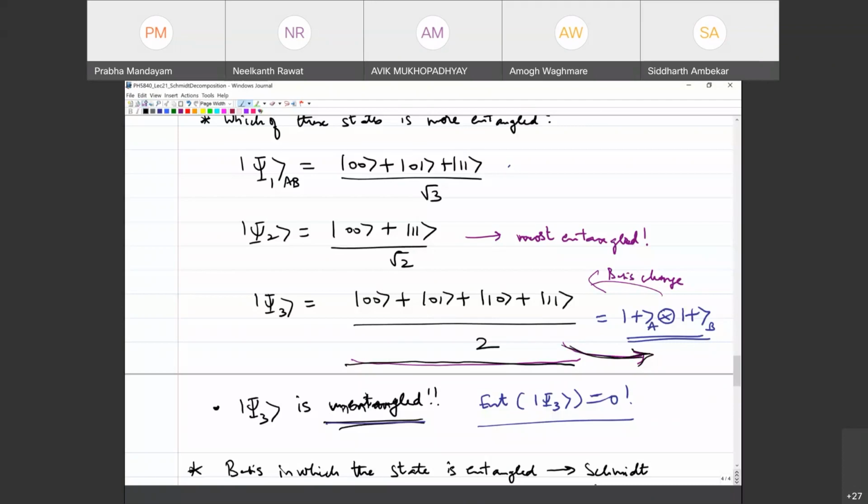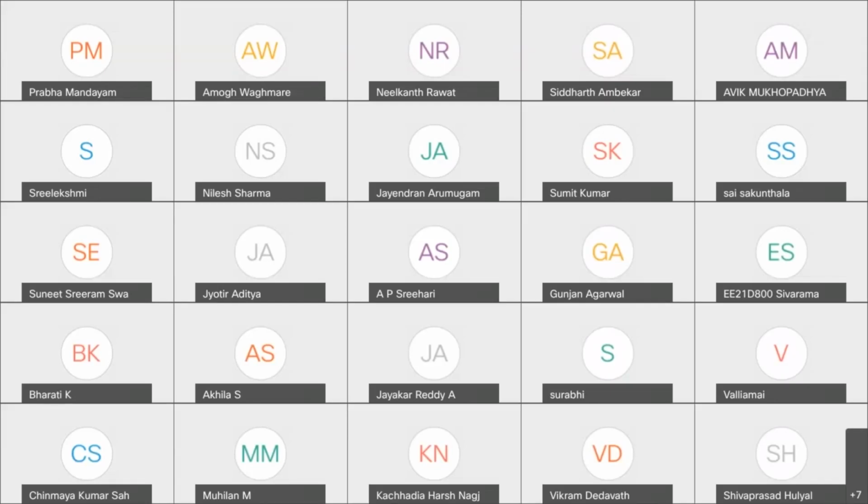Okay, so I have a question for you. Are you familiar with the singular value decomposition? I don't know how many people are still in class. Okay, somewhat. So I urge all of you to please look up what singular value decomposition is before you come to the next class, and that will help you understand the proof of the Schmidt decomposition.